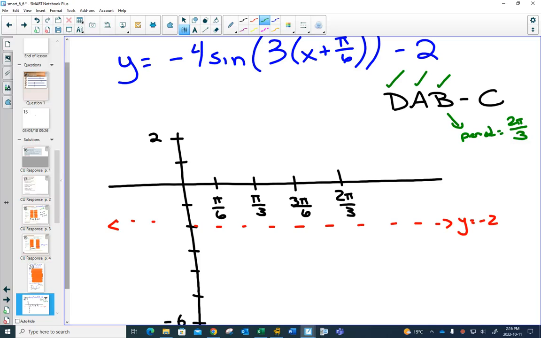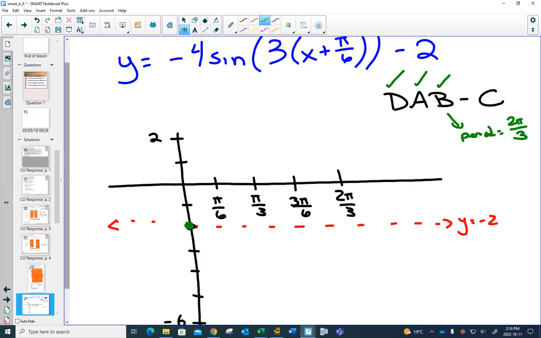Now we have to do the C. The C says draw the normal sine graph. This is a negative sine graph. Normally, where does a sine graph start? On the center line going up, but because there's a vertical reflection, it's going to start on the center line going down.